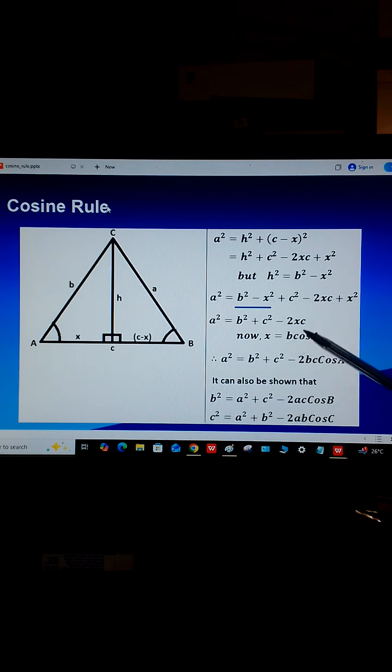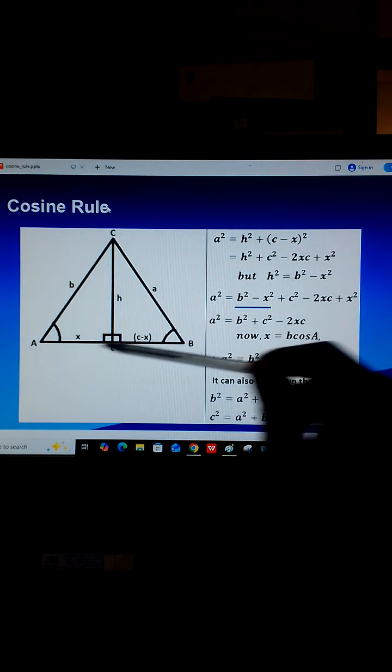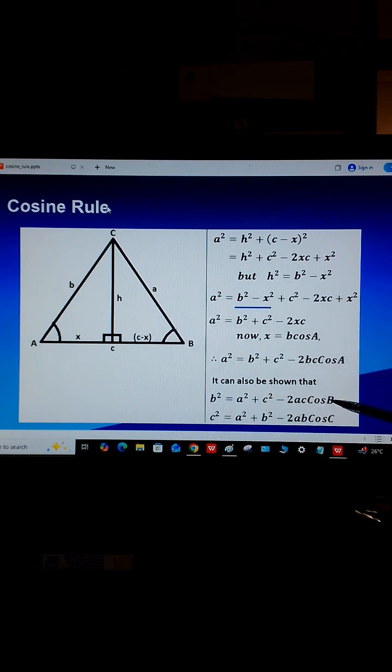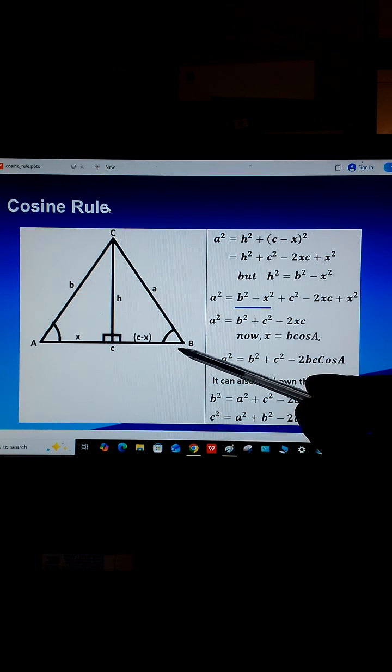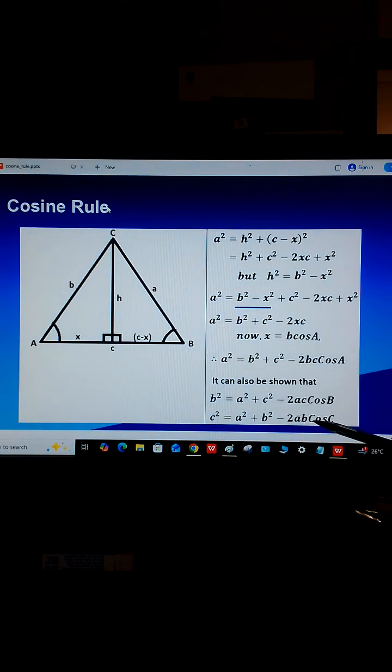And it can also be shown that b squared is equal to a squared plus c squared minus 2ac cos B. Similarly, it can be shown that c squared is equal to a squared plus b squared minus 2ab cos C. So that is the cosine rule and how we can derive it.